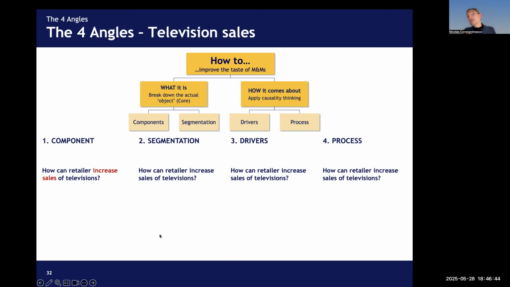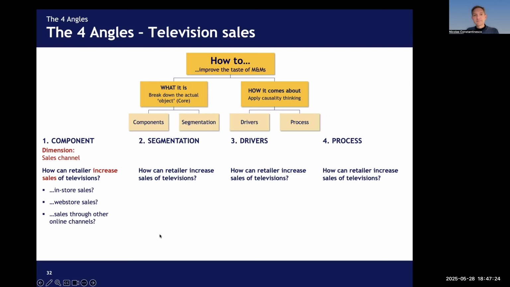There are different ways of thinking about this, but a common one would be sales channel. If you look in an annual report, there could be a geographic breakdown, but a common one is by type of channel. So we could break it up like this. How can a retailer increase sales of televisions? Increase in-store sales, web store sales, so its own web store, and sales through other online channels like Amazon and other things like that.